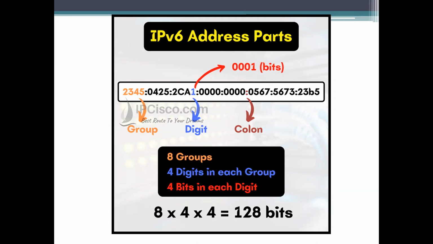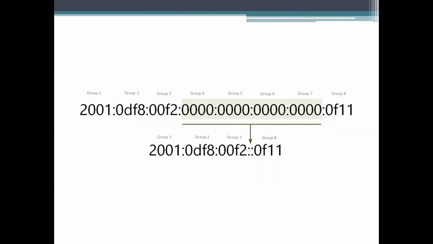Then we can even compress these addresses by replacing the zeros with colons, but this can only be used once per address. So, for example, let's show the example here. We have our network address, our IPv6, and to condense and compress this IP address, we simply replaced our double zeros with 2 colons.